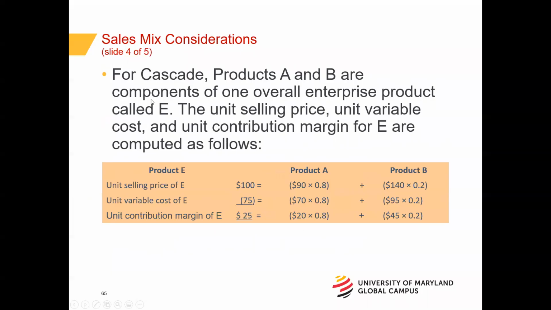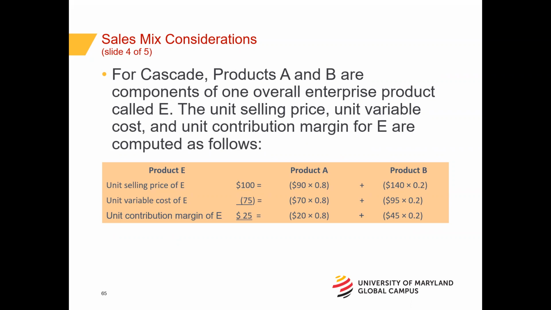So looking at it from this perspective, we have product A, product B, and the overall enterprise, which we label as product E. That's the whole company together. Product A plus product B equals product E, which is the average.